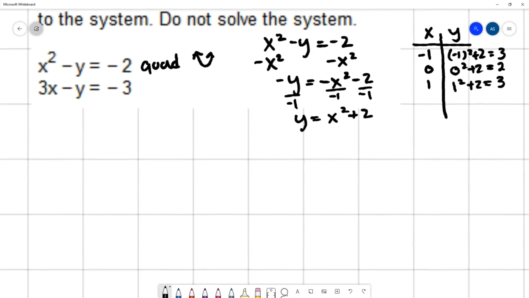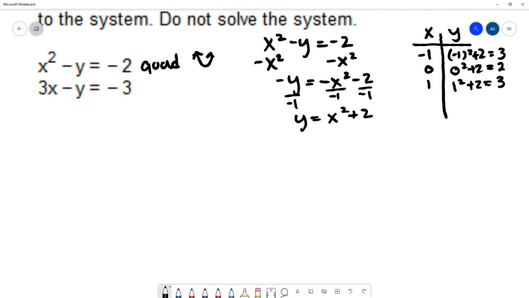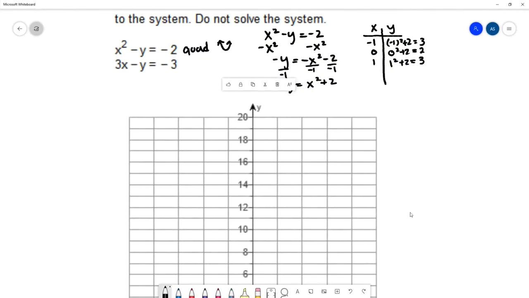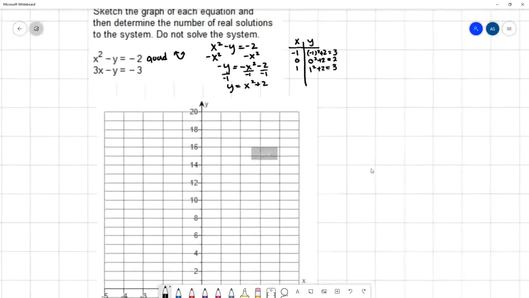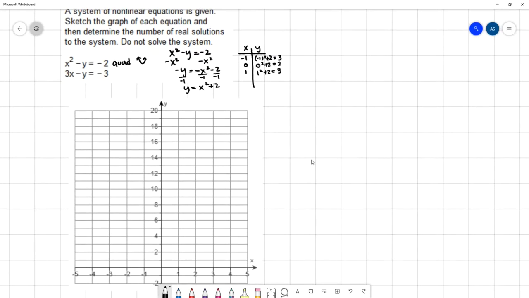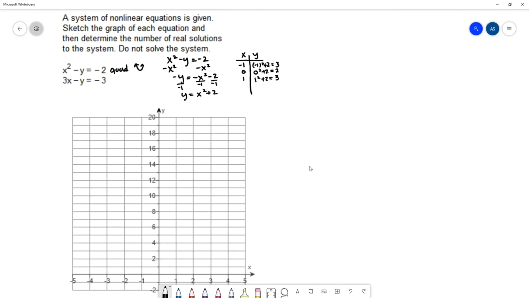So let me get a grid on here for this example. We've got our coordinate plane here. I've got the ordered pairs 0, 2, 1, 3, and -1, 3.